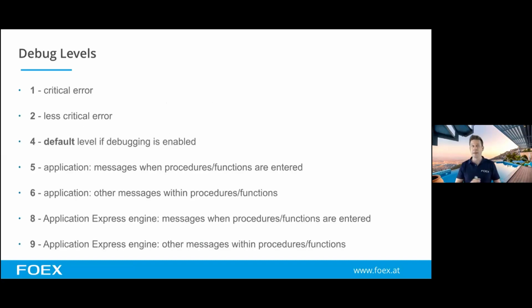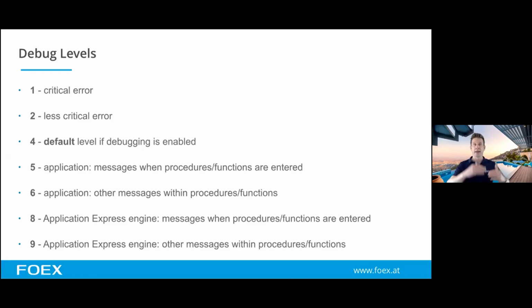So talking about debug levels, and to be honest, debugging is the wrong wording there. Actually, it should be called logging, because that's what it is. So you don't get a debugger where you can do breakpoints and step through and set watches, whatever. No, it simply is a logging facility. And as such, they figured at some point, I think it was Apex 4, hey, we should have more than one on-off switch.